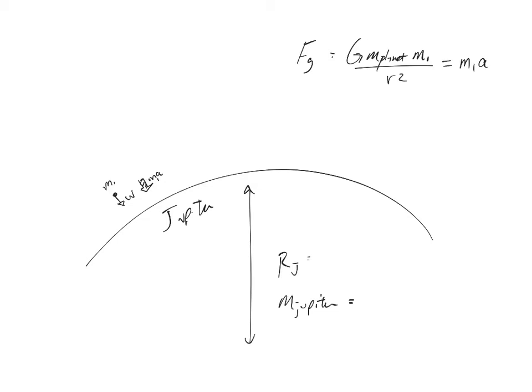Do you guys see what happens here? What happens to m1? It's gone, right? Divide both sides by m1, it's gone. So we get acceleration due to gravity, which, by the way, we call little g if it's on Earth. But now we're talking about little g for Jupiter, so I'll write a little Jupiter there. And it's going to be G times the mass of Jupiter over the radius of Jupiter squared.